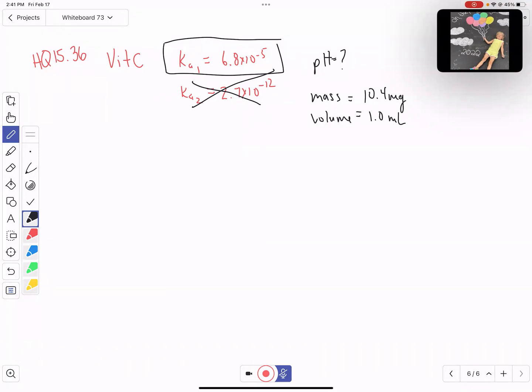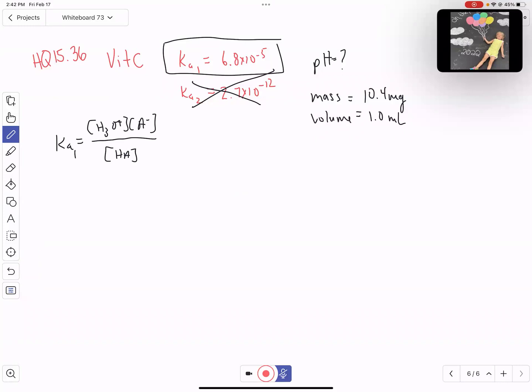So when we do the calculation, Ka equals hydronium times the conjugate base all over the concentration of my acid. For the first calculation, for Ka1, we use our first concentration and have x squared on top. For the second calculation, we're going to use of that concentration what ionized.